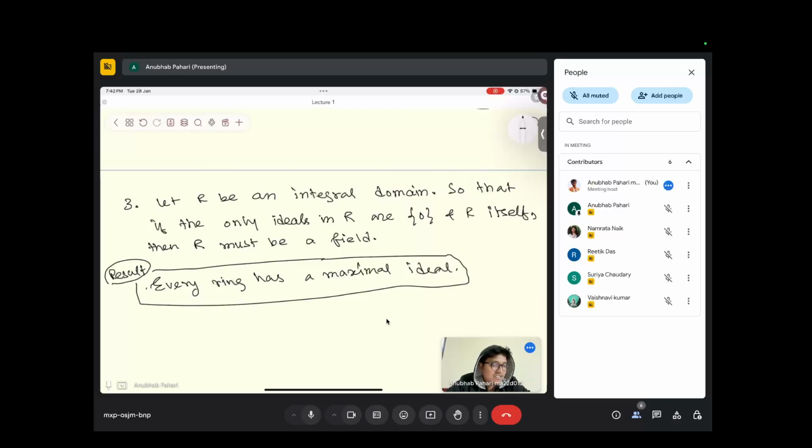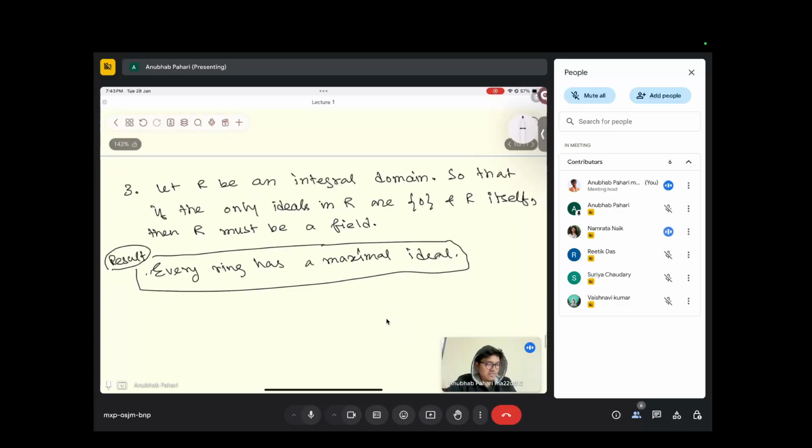But proving that every ring has a maximal ideal is not trivial.